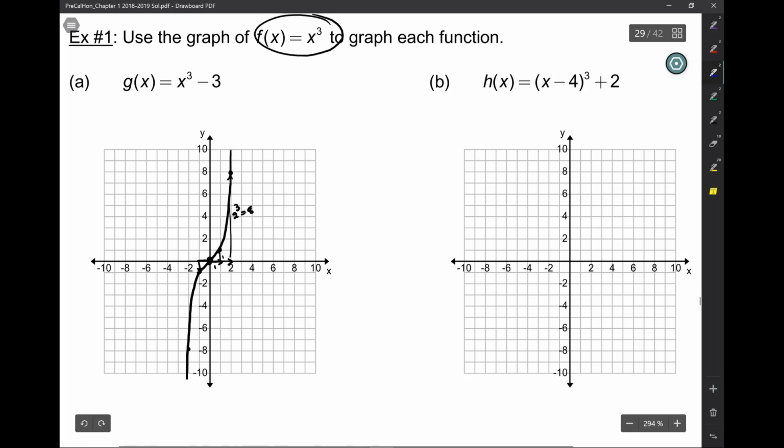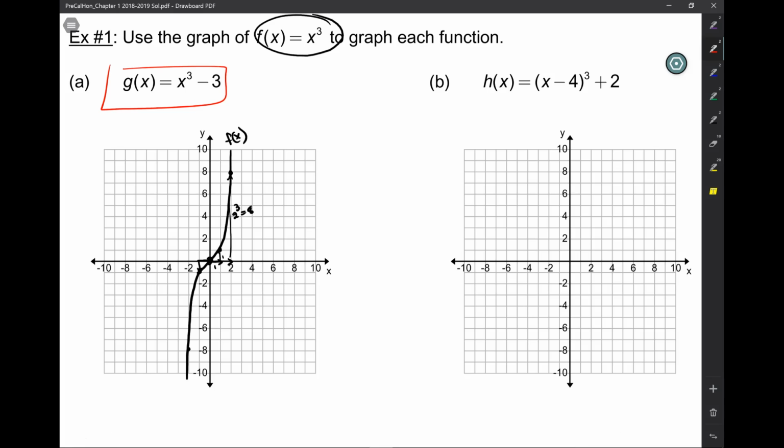Now let me go and graph g of x. So I'll label this f of x. Let's graph g of x now. Where is that center? What happened to that center point for g of x? I'm assuming you said it moved down 3 spaces. And now from there, the mechanism of x cubed is the same.